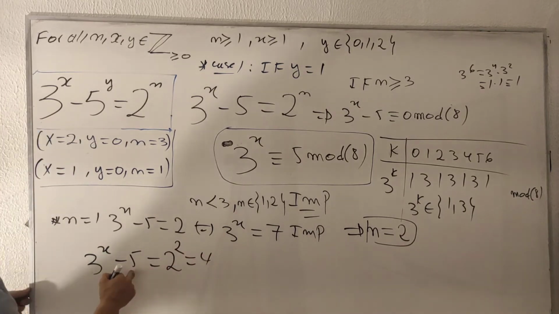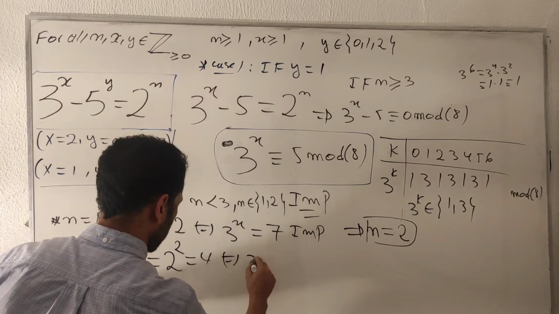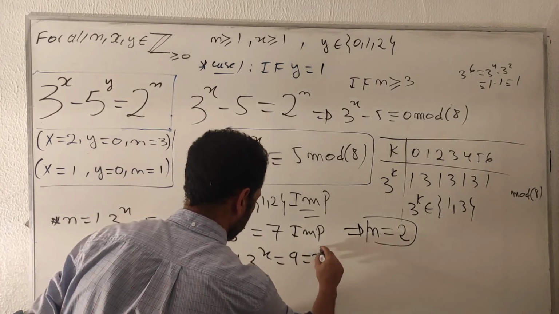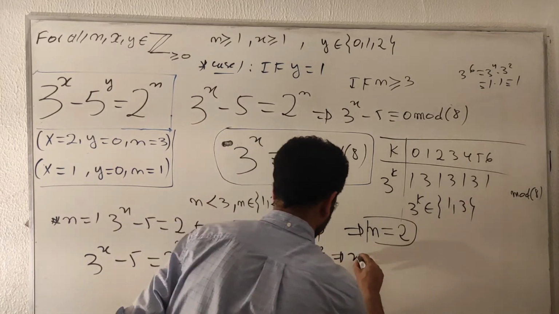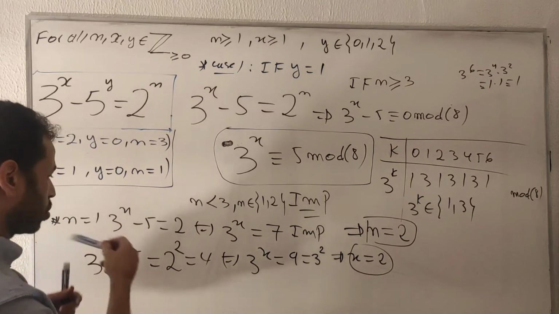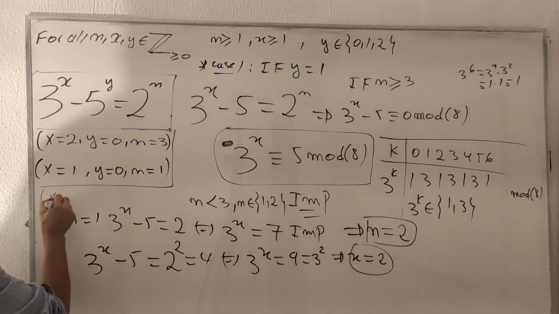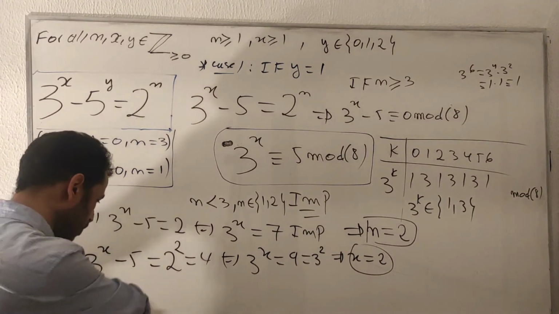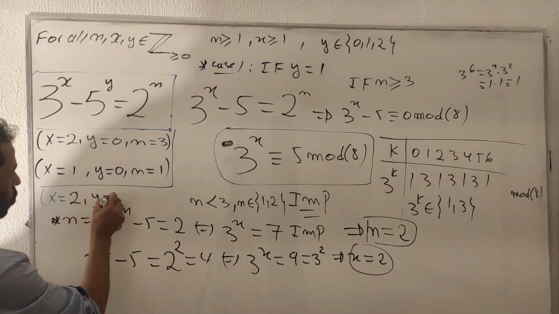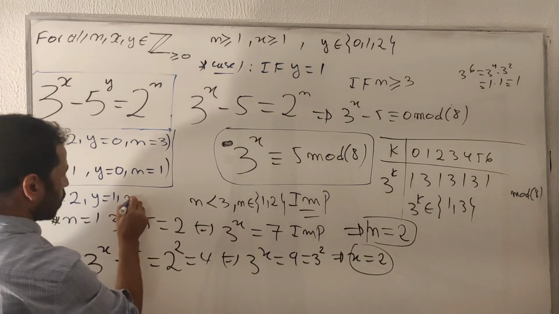Let's move over this term to the right. I get 3 to the x equals 4 plus 5, which is 9, the same as 3 squared. In other words, x equals 2. So we get the third solution. We get x equals 2 with y equals 1 with n equals 2.